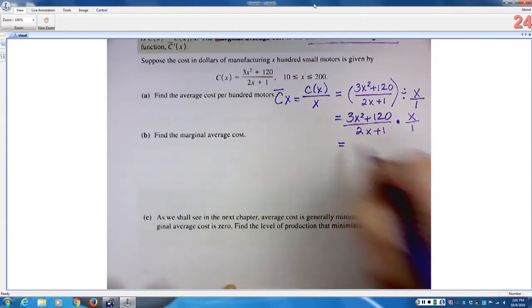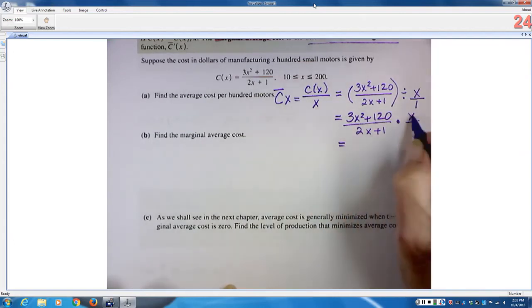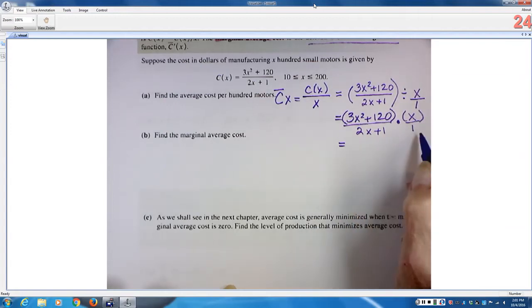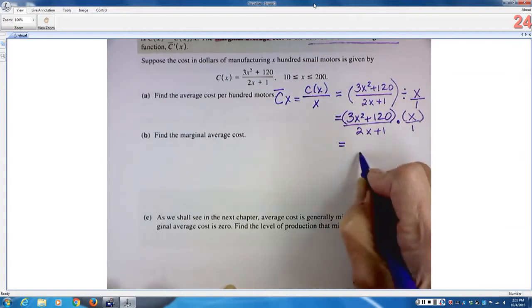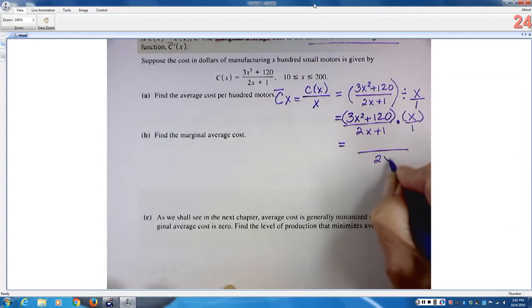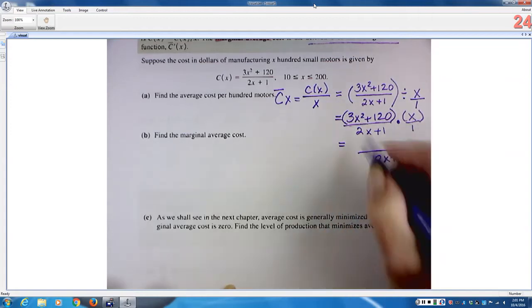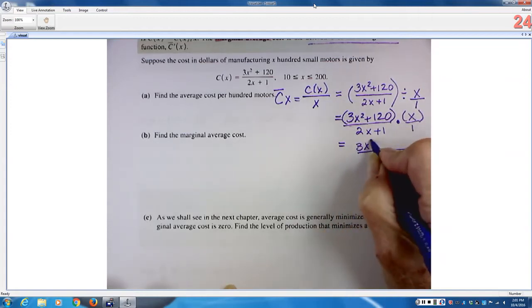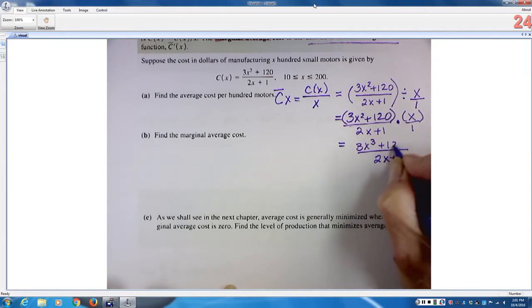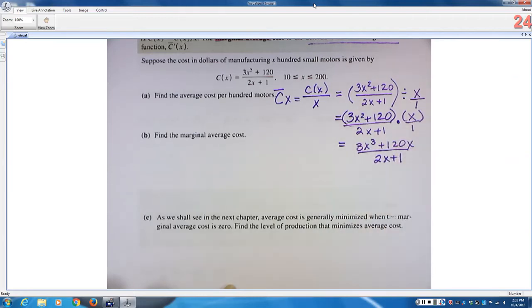So when I flip that, I'm actually going to multiply this whole numerator by X, and I'm not going to do anything to the denominator. So I'm really going to multiply the numerator by X and get 3X cubed plus 120X.